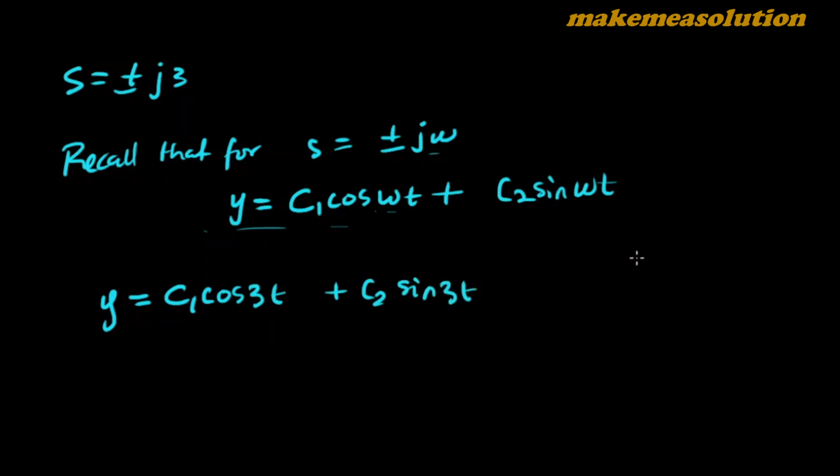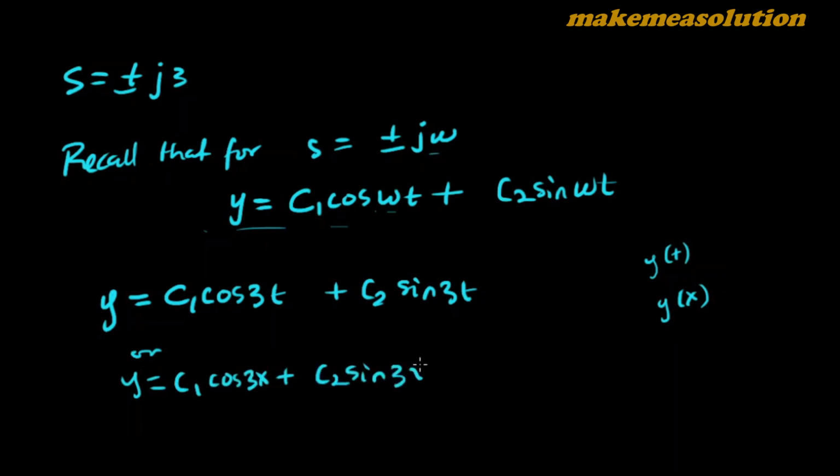Of course in this problem we are assuming that y is a function of time. If y is a function of x or displacement, you have y is equal to c1 cos 3x plus c2 sine 3x. Is that okay?